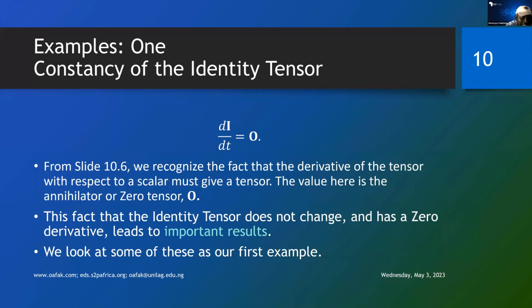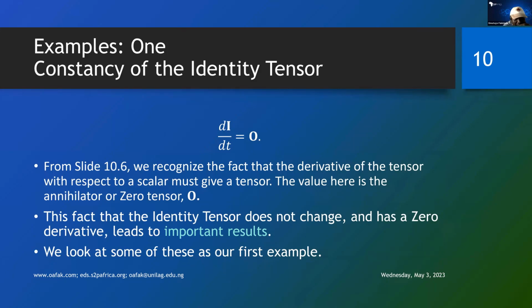If you know that, we're going to start with some examples. We're going to take the fact that the identity tensor is a constant, and differentiating with respect to any scalar value should give you the identity tensor's derivative, which is zero, because it's constant. From slide 10.6, we recognize the fact that the derivative of a tensor with respect to a scalar must give rise to a tensor.